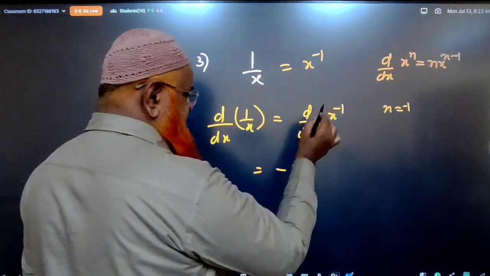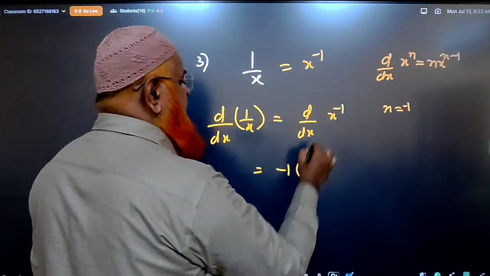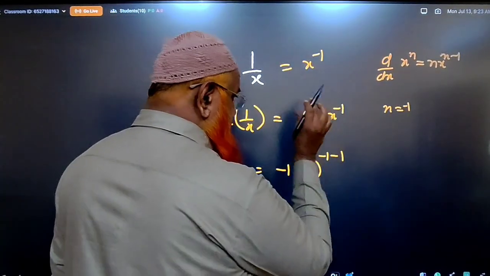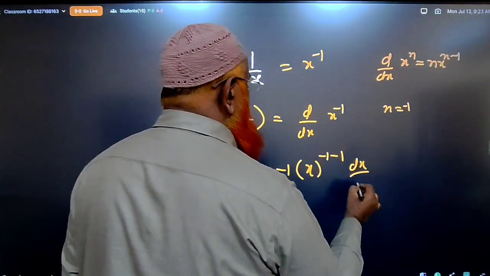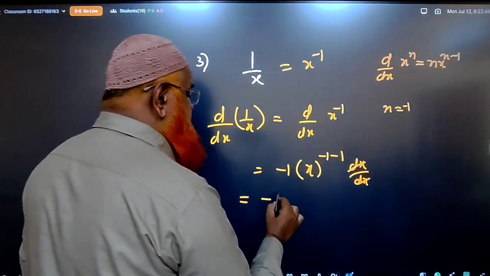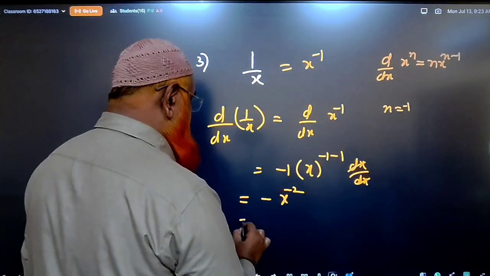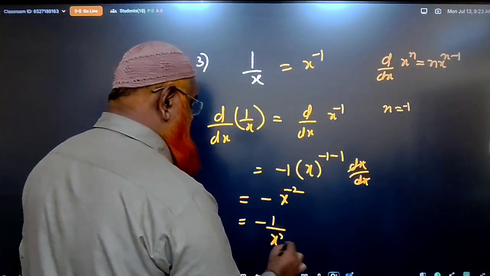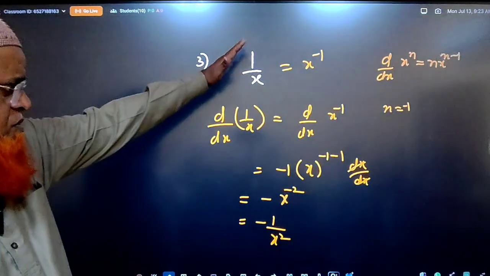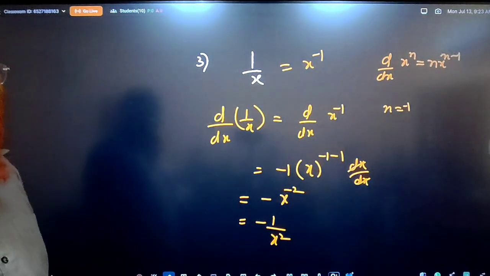So minus 1 into x power of minus 1 minus 1. That's it. And in the inner layer you again differentiate dx by dx, which is going to be 1 here. So minus x power of minus 2, which can be taken as minus 1 by x square. So the derivative of 1 by x is minus 1 by x square.